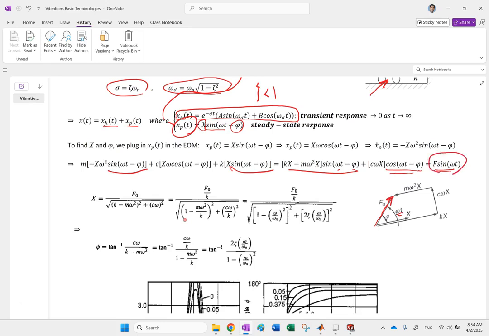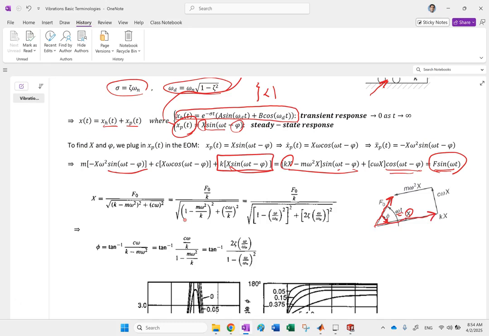Then, with a phase difference of phi, so phi behind omega t, you have to move back in the clockwise direction by phi. In that direction, by magnitude x and multiplied by k, you are going to have the force from the spring. So kx sine of omega t minus phi is going to be this vector, assuming that k is bigger than 1, of course.